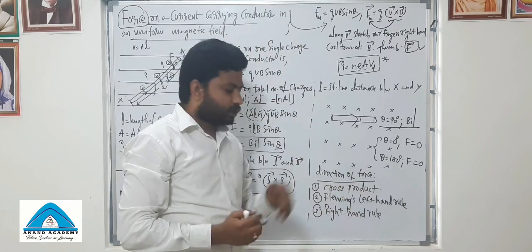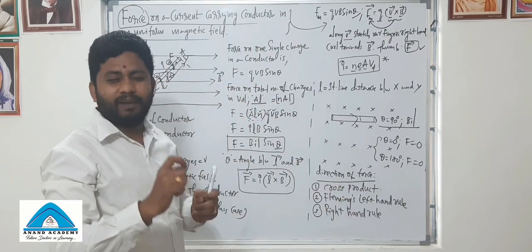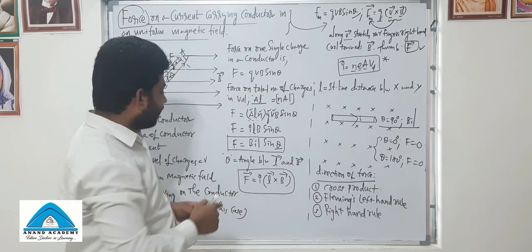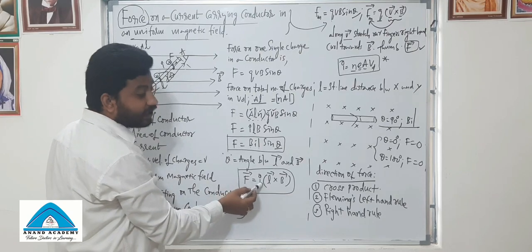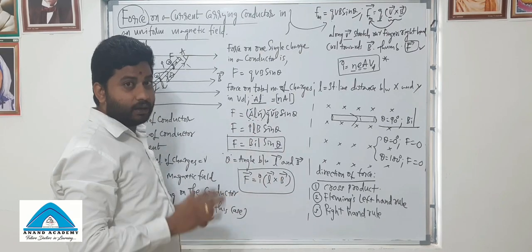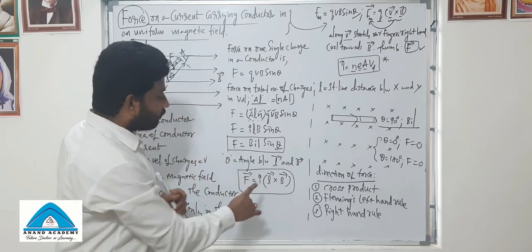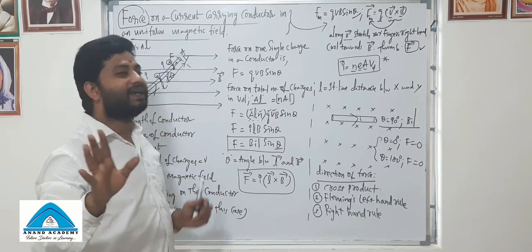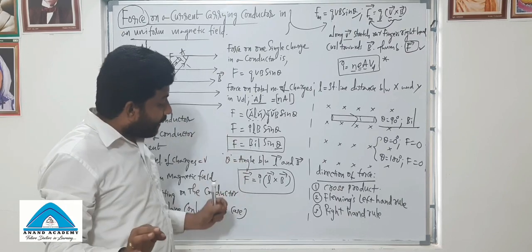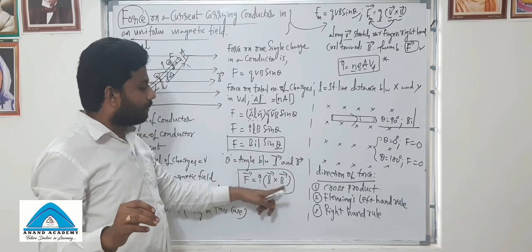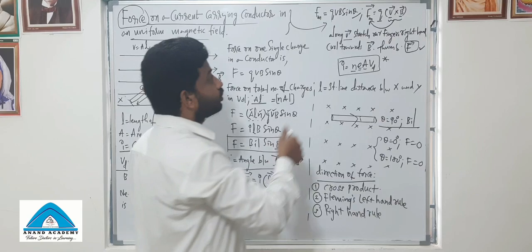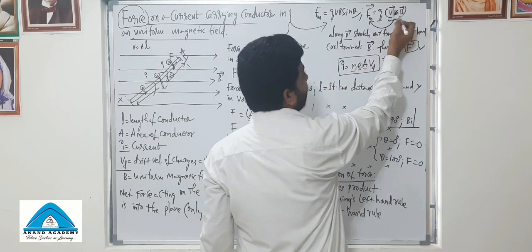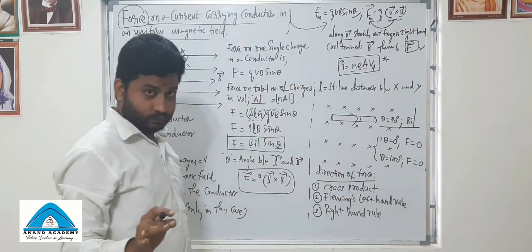First one, cross product. F bar is equal to I into L bar cross B bar. If you write B bar cross L bar, the direction will be changed, so the quantity will be changed. Remember, F bar is equal to I into L bar cross B bar.